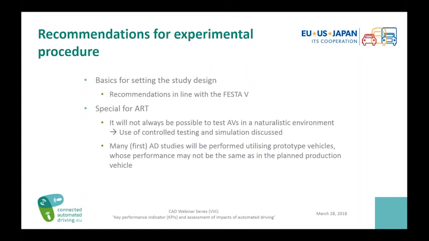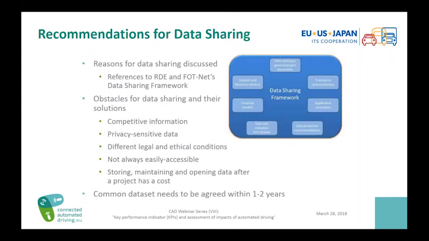Then the framework provides some recommendations for experimental procedures. It gives basics for setting the study design. These are in line with the famous FESTA methodology. There are other webinars to explain that. But then it also goes to the cases which are special for automation studies, like when it's not possible to test the first automated vehicles in a naturalistic environment, you may have controlled tests, or simulation instead of field tests, etc. So it's good to acknowledge how that affects the evaluation.